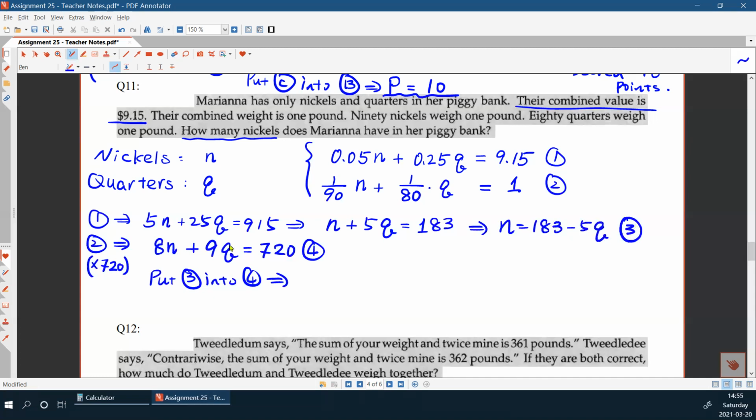So let's put 3 into 4, and this will give you 8 times n, which is 183 minus 5q, plus 9q equals 720. Let's simplify. This means we can solve for q.